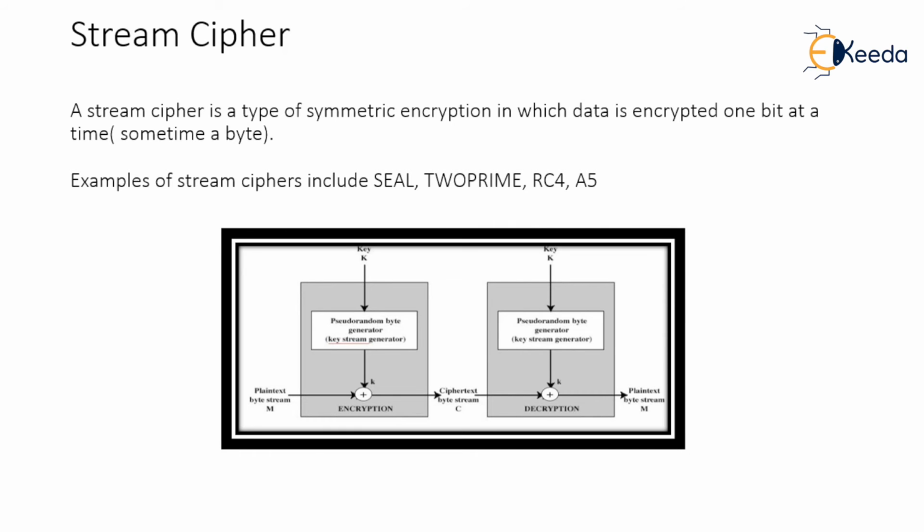Here in the figure you can see the plain text is getting encrypted with the help of a key, and that key is generated with the help of a key stream generator, which is nothing but a pseudo random byte generator.